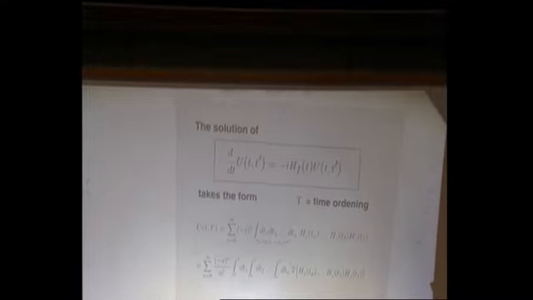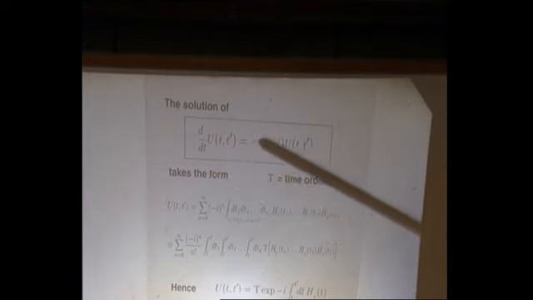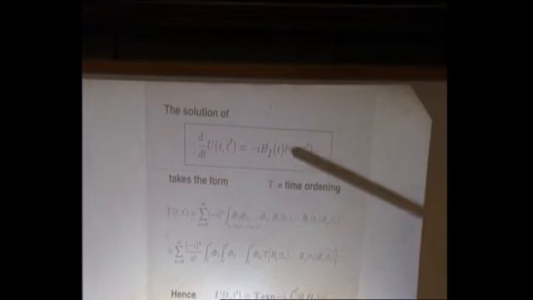The way we solved for this operator and the S matrix is by looking at this equation, actually the first equation which I have here, which you can solve in the following way. If you differentiate with respect to time, it gives you the Hamiltonian acting on it.